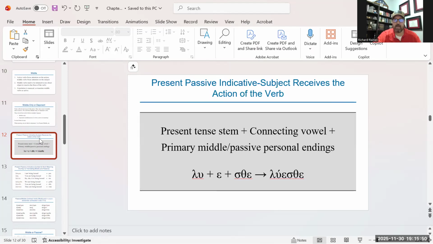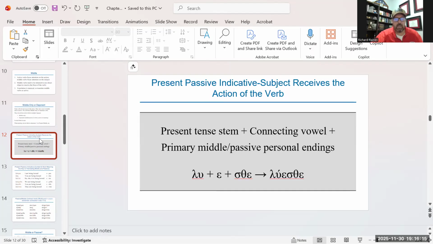So now let's talk about present passive. That was present middle, which you are going to translate as active. I come. Erchomai, I come. So now we have present passive indicative. In the passive, which we have in English, so this should be easier to remember, the subject receives the action of the verb.